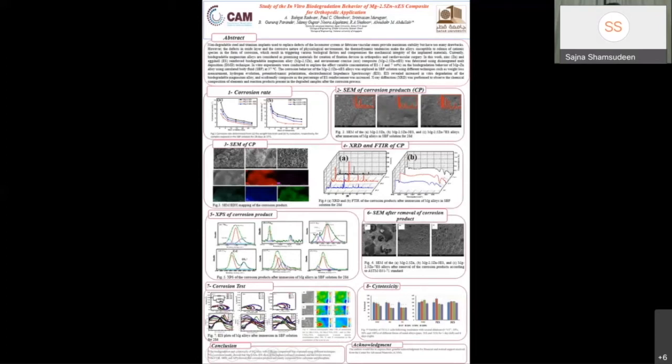Figure 2 depicts the surface morphology of the magnesium samples after the weight loss experiment. The presence of microcrystal morphology in the corrosion product could be attributed to dehydration after sample removal from the electrolyte.